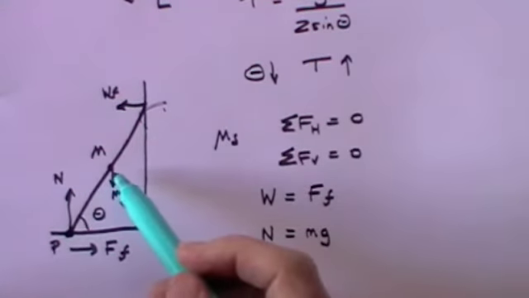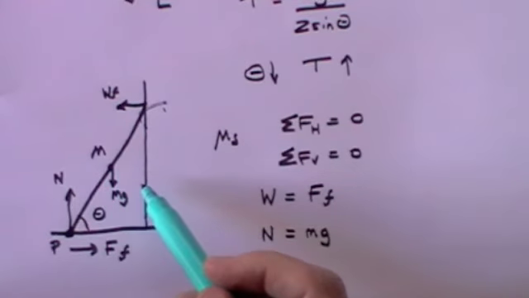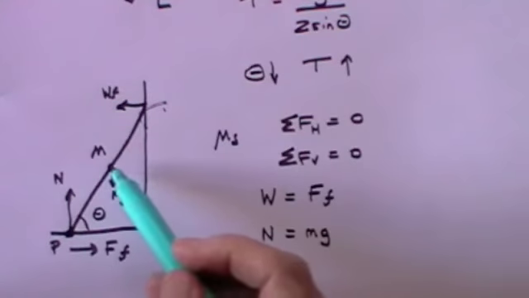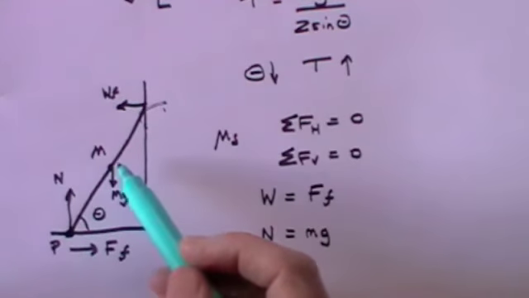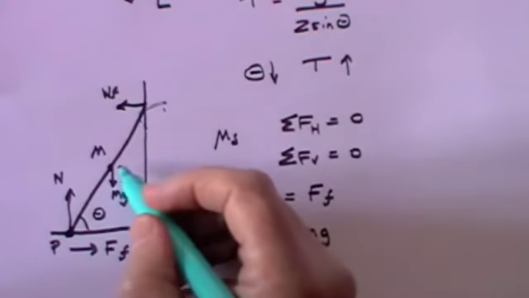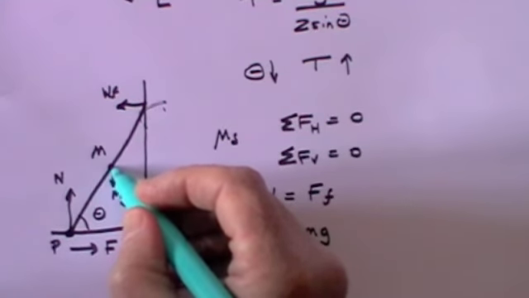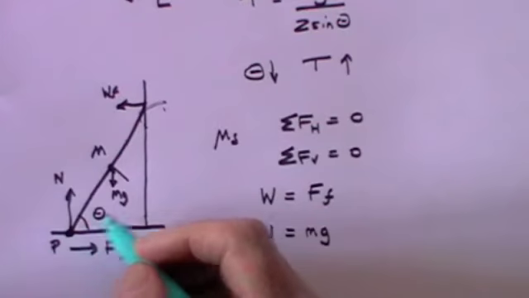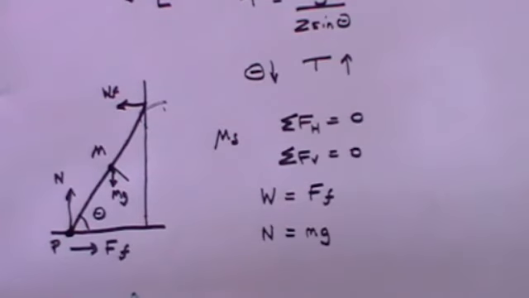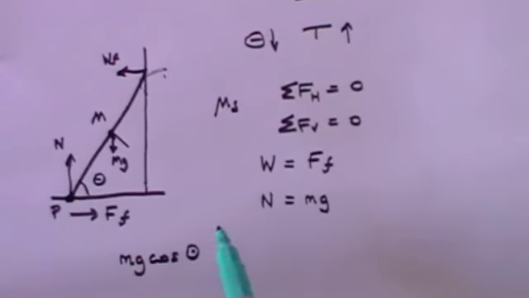Well, first of all, I've got the force mg, but I need to know what the component is that's acting perpendicular to the ladder. And that is going to be mg times the cosine of this angle theta.